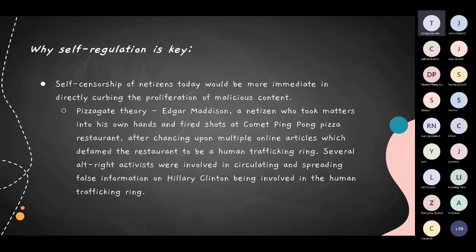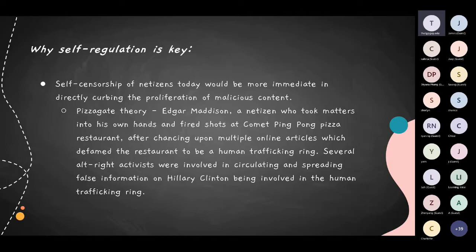So the example here I have is the Pizzagate theory. Yeah, the content is basically there. So basically, there's this guy who fired shots at a pizza restaurant after he came across several articles online calling out the restaurant to be a human trafficking ring.